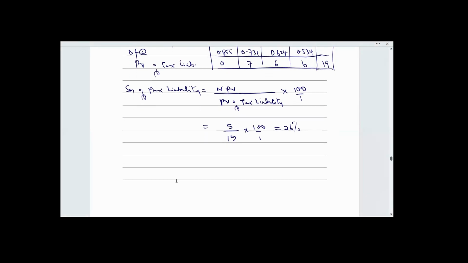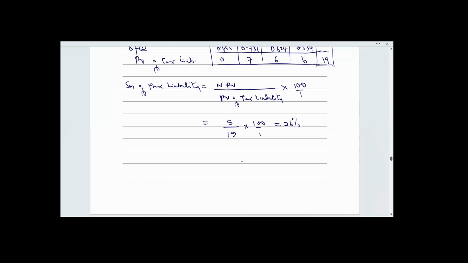Therefore, you need to interpret this. What this means is that the tax liability can increase by up to 26%. Anything above that 26%, the project will become unviable. This is the percentage that will make the project break even. The company will not make profit, and will not make any loss at this point.